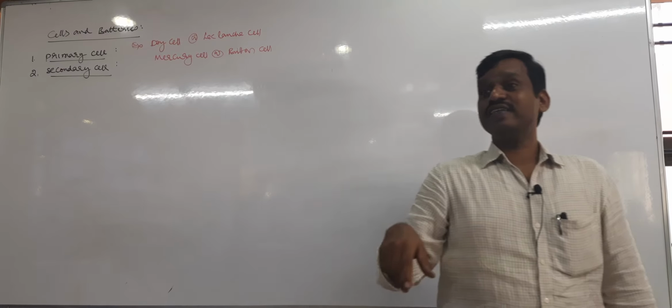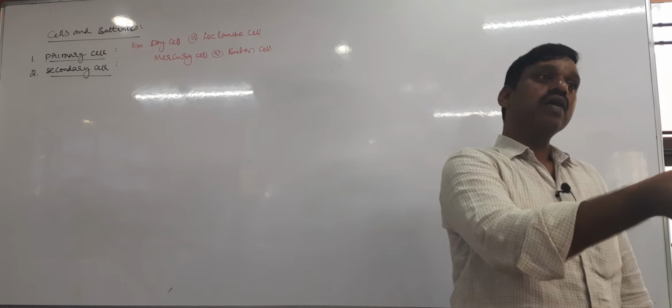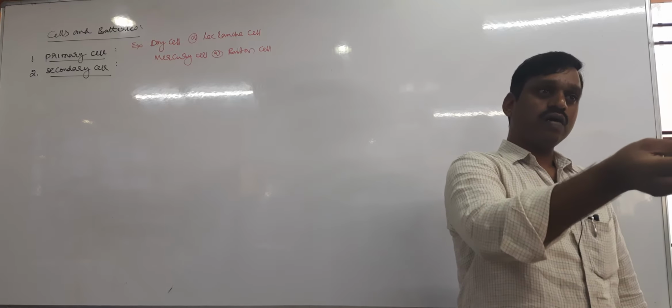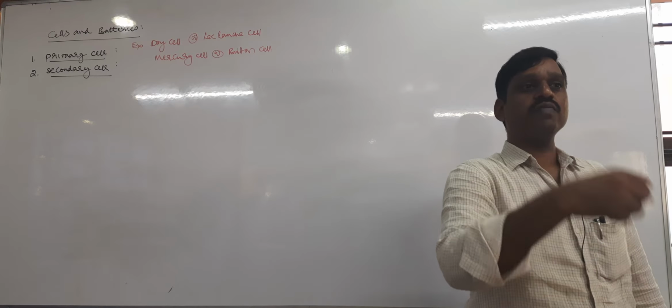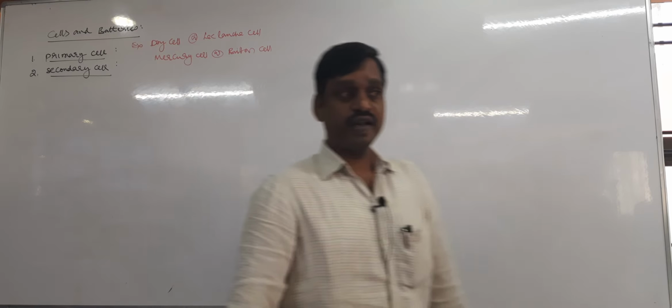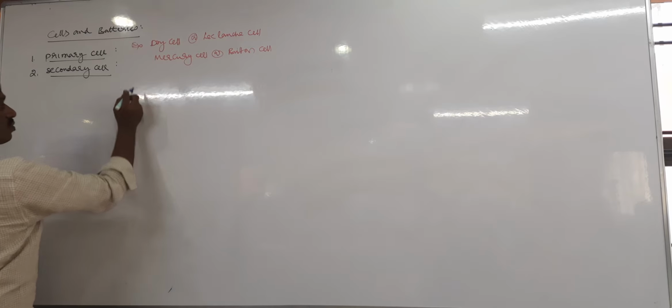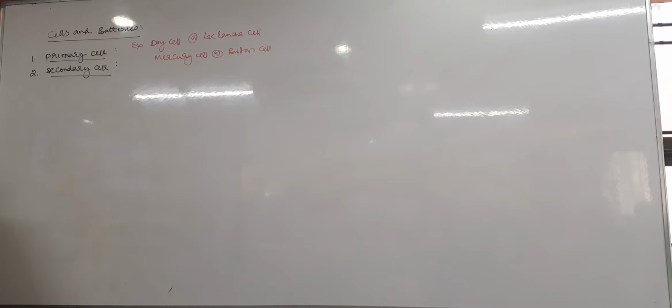It can be recharged, right? Therefore those chemicals can be reformed by passing the current from external source. Then such kind of cells are called secondary cells. So again there are two secondary cells.